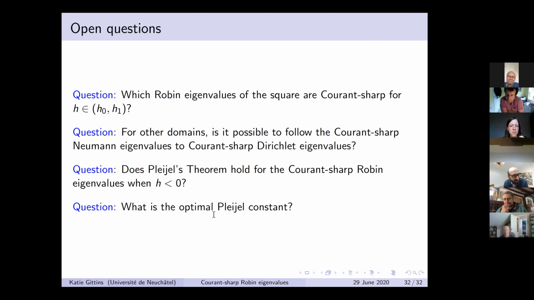I think some of the results that are done for some of the other domains do use those kinds of ideas, like some of the tori, for example, if I remember correctly. So maybe that would be well worth looking at. I guess the trouble with the triangles for Robin is with the formulae. I'm not sure if the closed formulae are known or if they're sufficiently explicit, in the Robin case, to be able to get hold of the same kind of information as we have for the square.